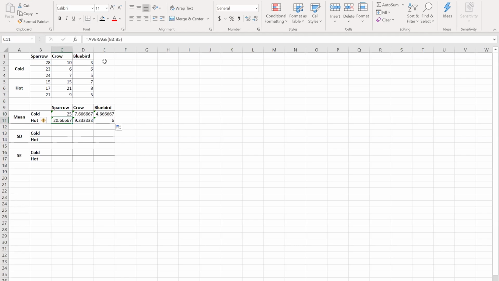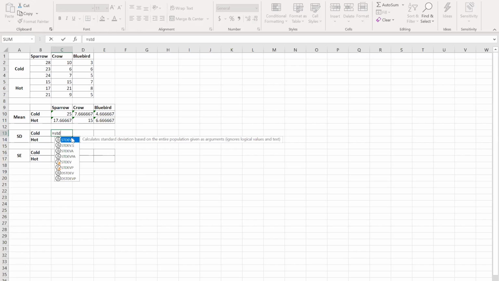Oh, actually, let's move these groups down and then drag that across. So those are the averages, the average number of birds seen for each weather condition.